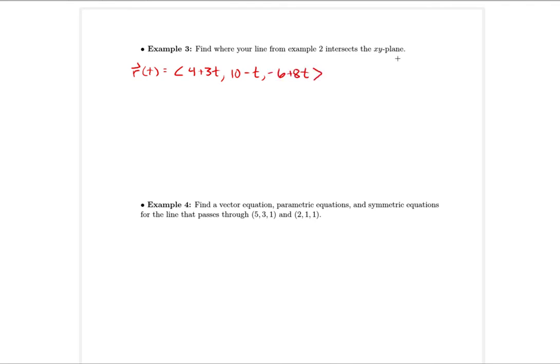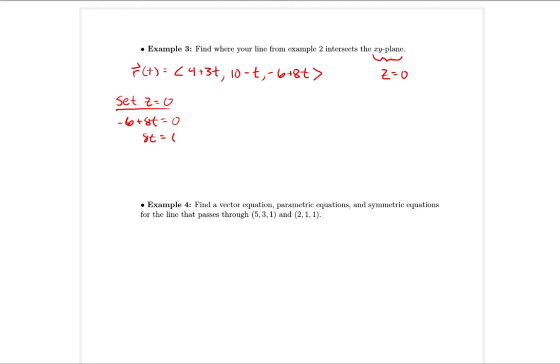All right, so let's think about what do we know about the xy plane? Is there anything special we know about it? Well, the xy plane is the place where z equals 0, right? So if z is equal to 0, we can set z equal to 0, which means we take the z component, set it equal to 0.